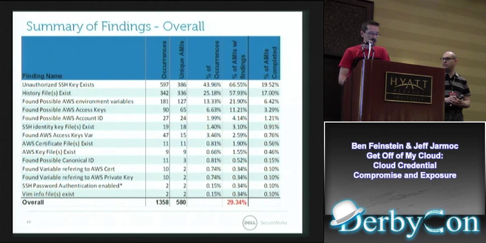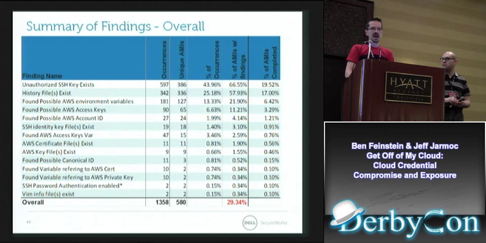And then here's a table listing our findings overall. There's a lot of data here, and we don't really have time to go through all of it. But you see the unauthorized SSH keys at the top. The history file, that was a big one too. A lot of these images came with bash history files. Further on down, we see SSH identity key files, and that kind of goes along with the history files.